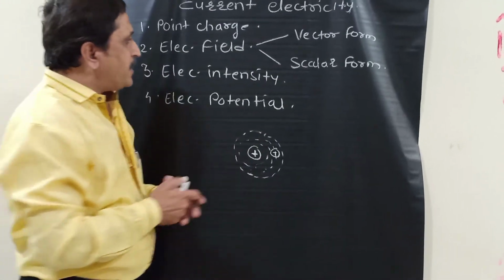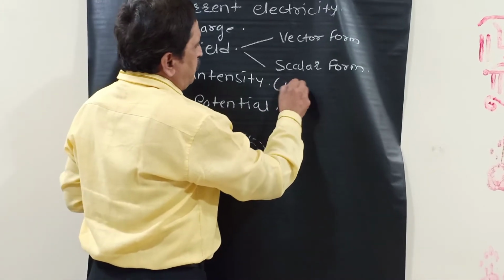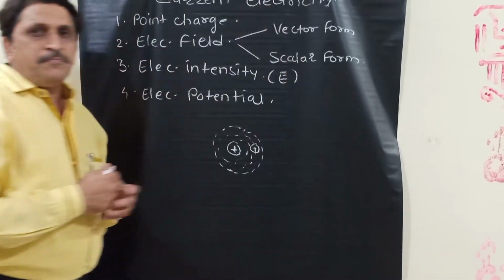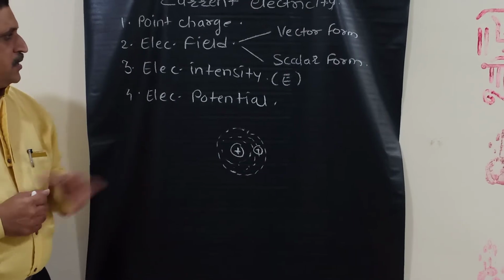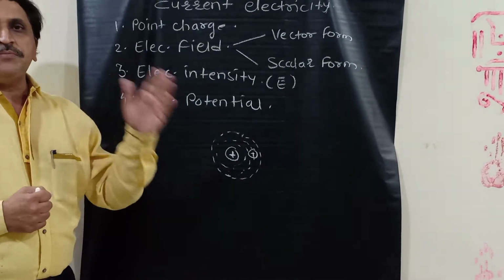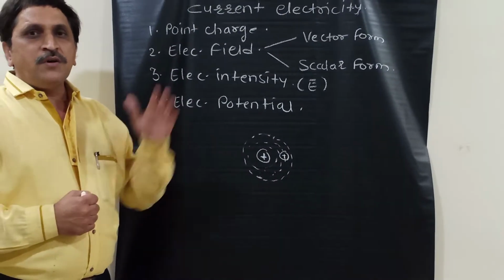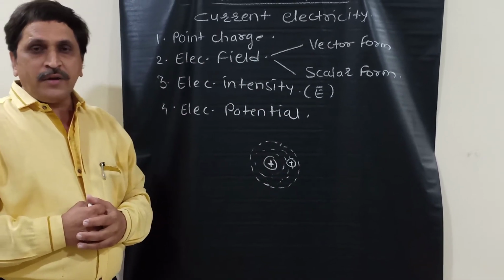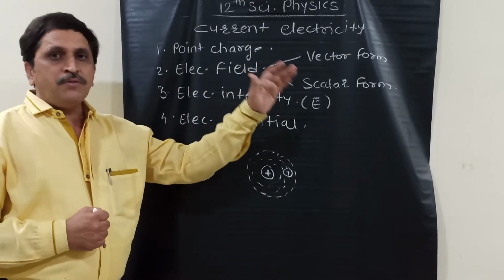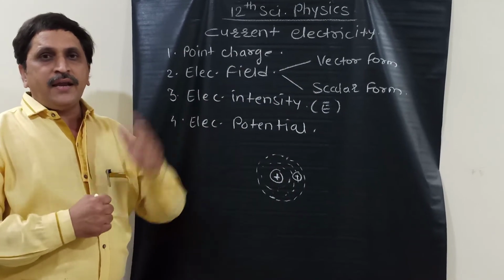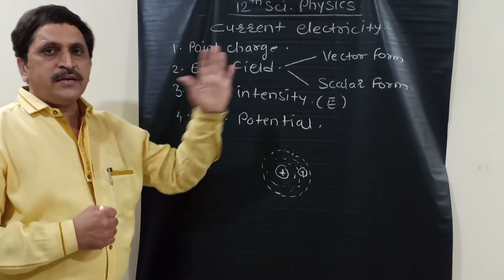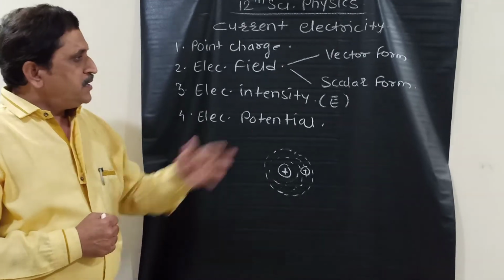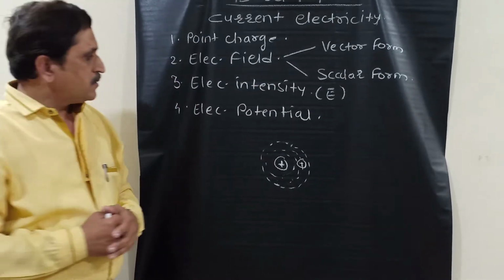Now what is electric intensity? First of all, it is a vector quantity. It is always represented by vector E. Electric intensity is defined as the electric force per unit charge in an electric field. It is a vector quantity.